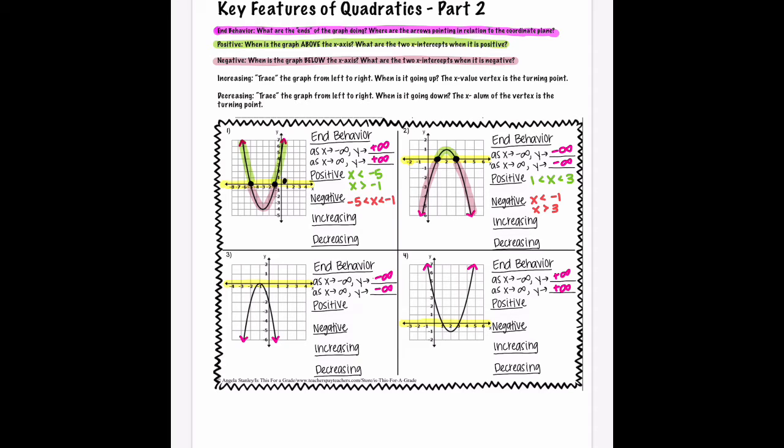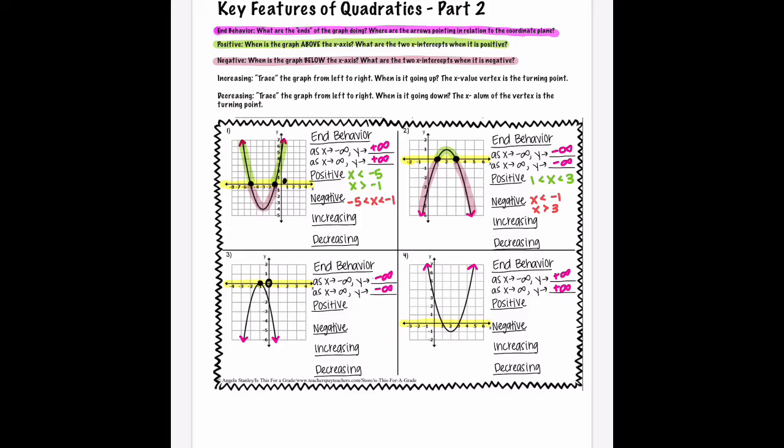Okay, example 3. When is this graph positive? Well, it looks like it touches the x-axis at -1. Since this technically is 0, that's not positive or negative.